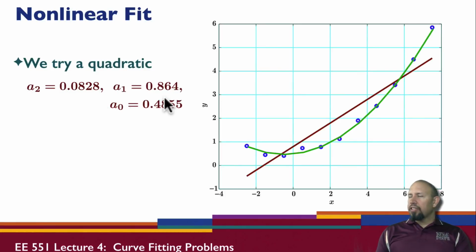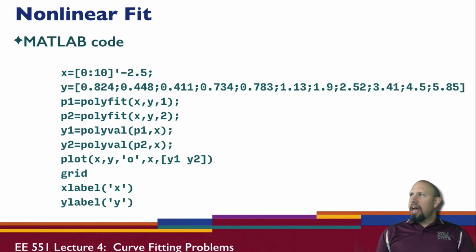You're probably asking yourself, what does the MATLAB code look like that does this? This is the MATLAB code. I've set up my X and Y values. To do the nonlinear curve fitting, MATLAB has a function called polyfit. This does polyfit of order 1, so that's a linear function. Order 2 is a quadratic function.